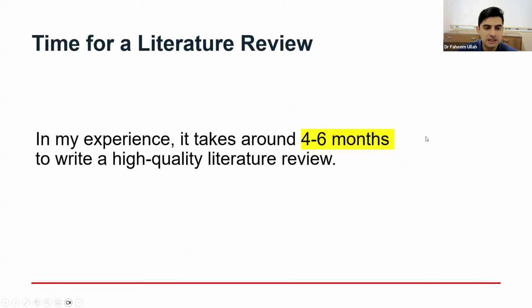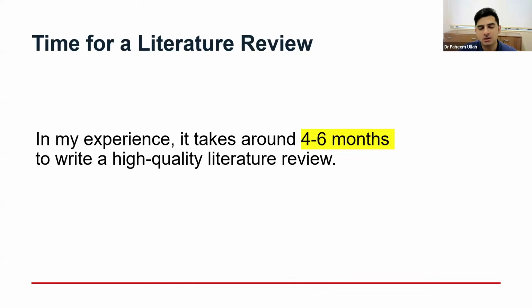Generally, doing a good literature review, one of the quality to be published in a very good journal, takes around 4 to 6 months, and even more. Yes, with time, for example, the first of my literature reviews took around 4 months, the next one took 3 months, the next one took 2 months.